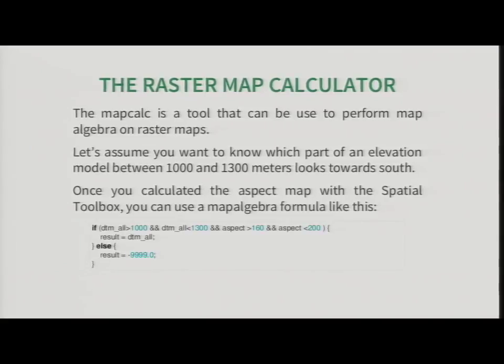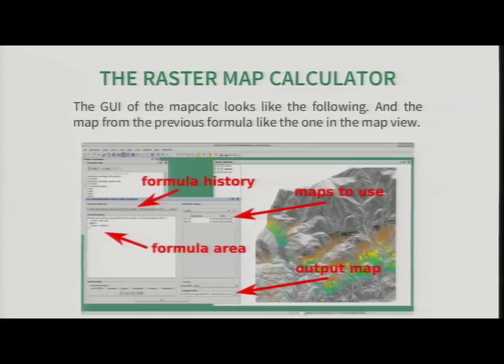If you have an elevation model and a map of aspect, which gives you the azimuth of every pixel, you can just use a condition like this, where it's very simple to understand, less than and larger than, and the map calculator.